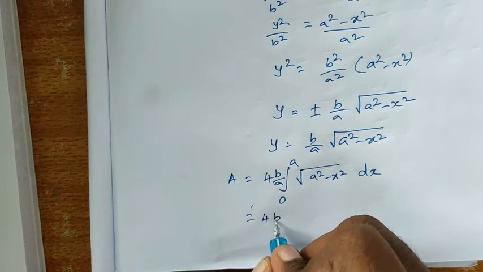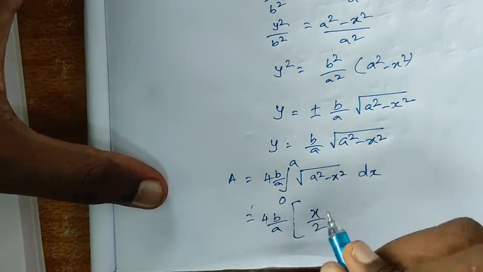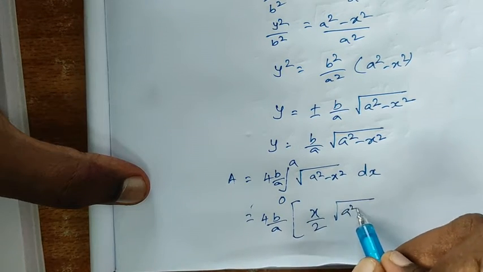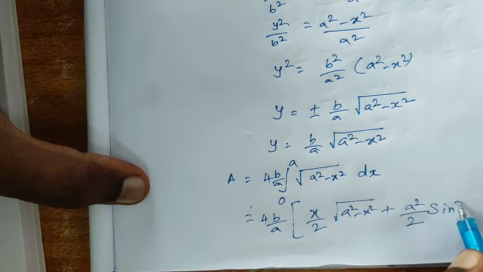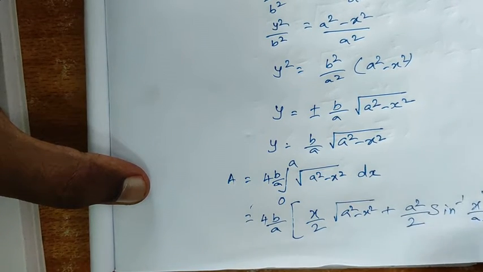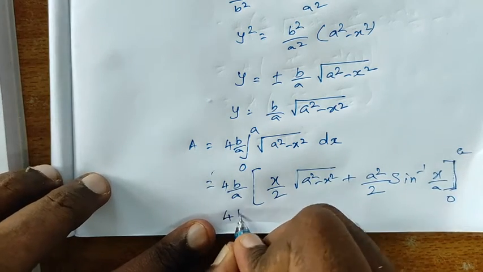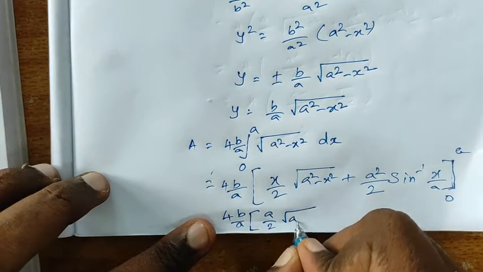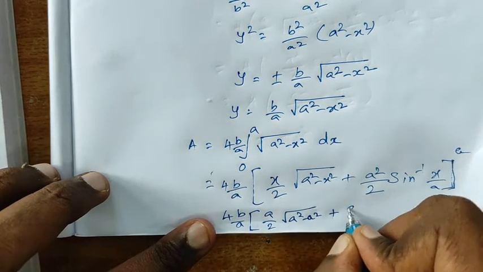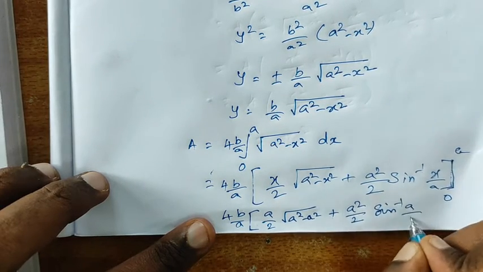So equal to 4b by a, x by 2 into root of a square minus x square plus a square by 2 into sine inverse of x by a, over 0 to a. So 4b by a, apply the limit: a by 2 into root of a square minus a square plus a square by 2 sine inverse of a by a.